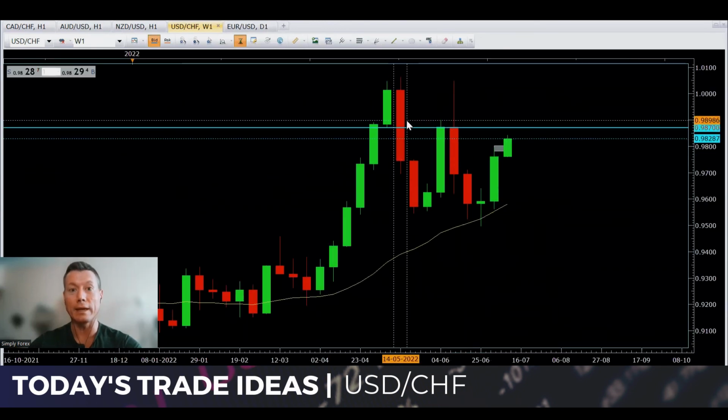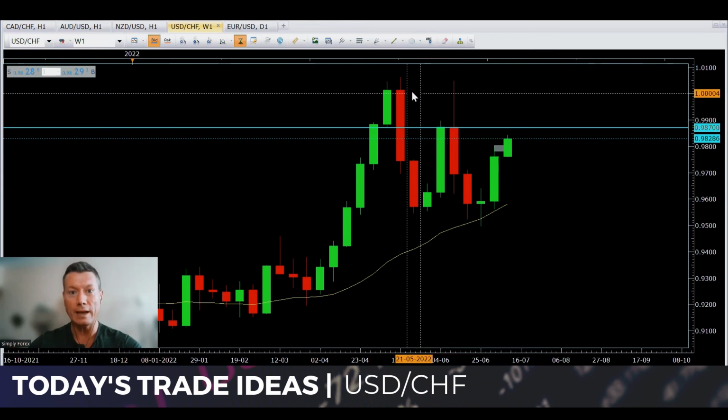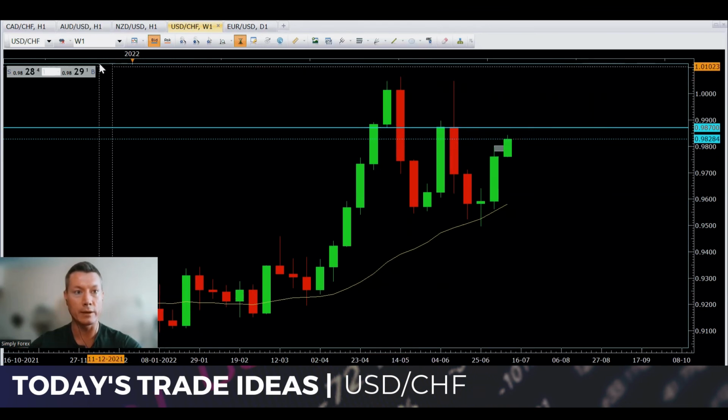We're just in a sideways market, guys, but this area here is a large area of resistance, so that is going to be my target. That is why this blue line here is my target. We'll just aim for the first part of this area of resistance.